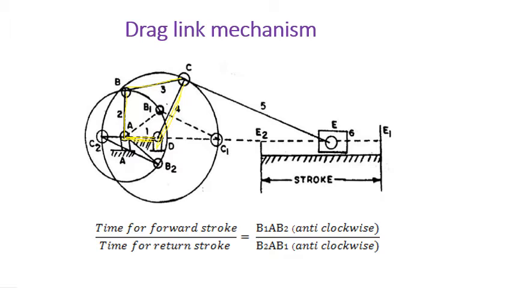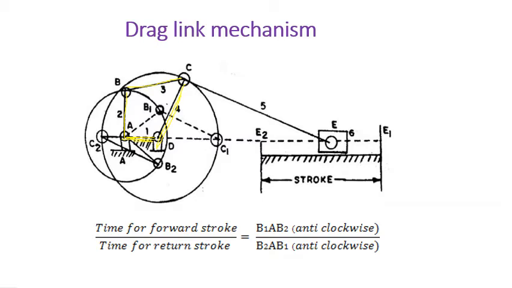You can see for the point C to move from C1 to C2, point B moves from B1 to B2 in the anti-clockwise direction. That is, the cutting stroke takes place when the input link moves through angle B1AB2 in the anti-clockwise direction, and the return stroke takes place when the input link moves through angle B2AB1 in the anti-clockwise direction.